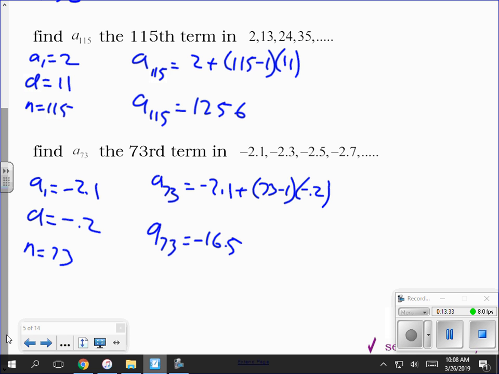That's what this is, a notation question. I do want to see that. I'm looking for the 73rd term as opposed to the 72nd term or the 51st term or something like that. Does that make sense? I want you to see the connection: A sub 73, 73 here. Make those connections between them. That's part of the reason why this is really important.